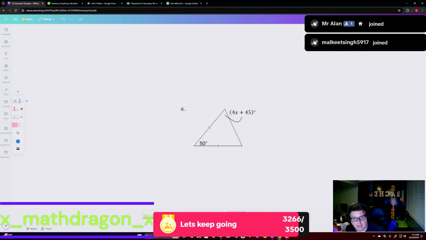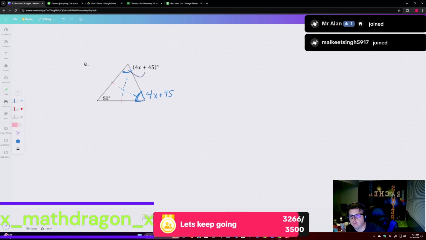Next, play this game. We know this angle and this angle because these sides are congruent. So being able to go directly across to find the angles that they're talking about. So 4x plus 45. So both of these, take them and do 4x plus 45 plus 4x plus 45 plus 50 equals 180.